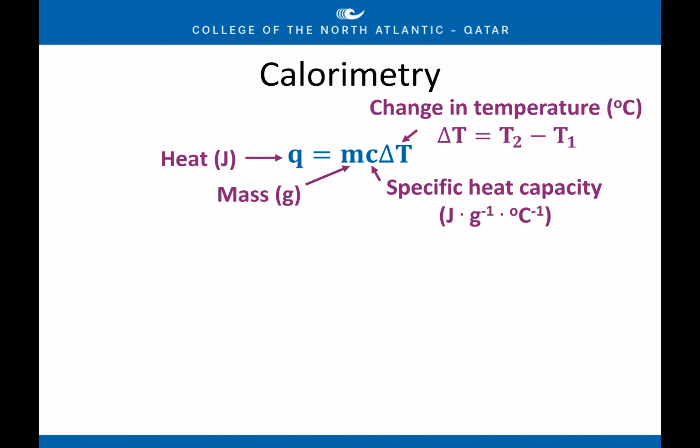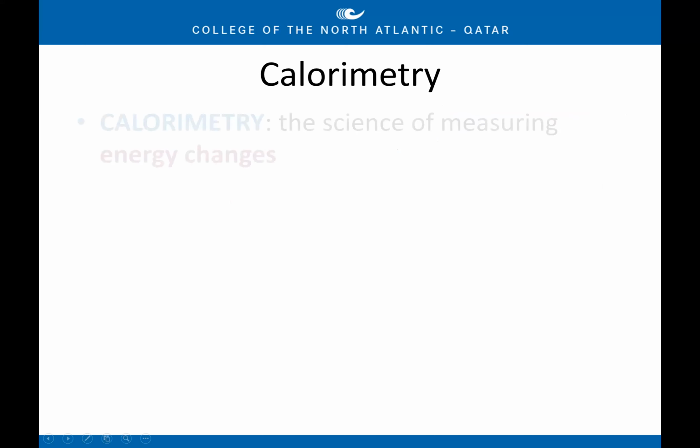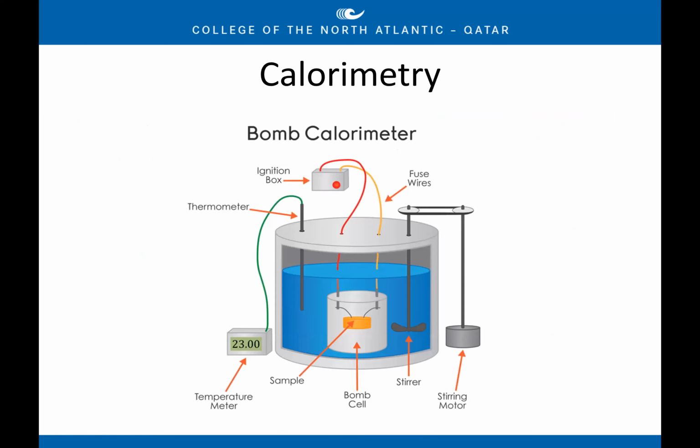It could be the air outside the chemical reaction. I have a good example of the difference here. If I go back to the bomb calorimeter, the temperature that I'm measuring is the surroundings. This is your system.